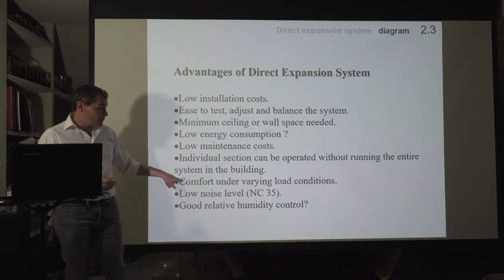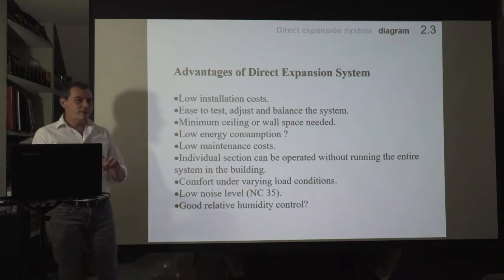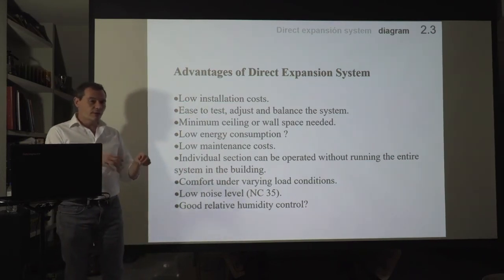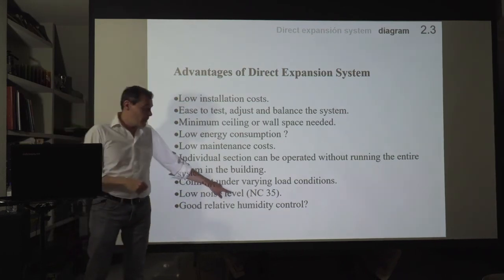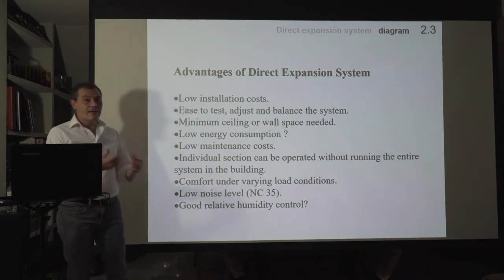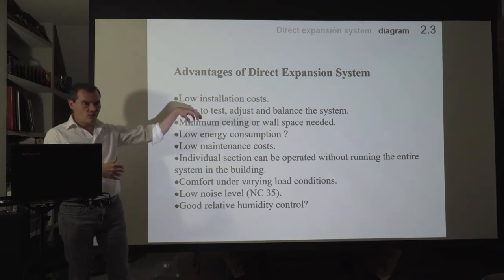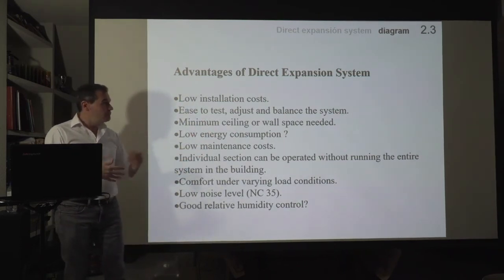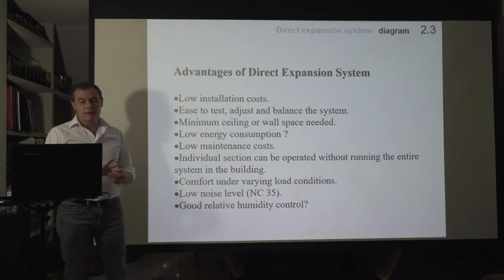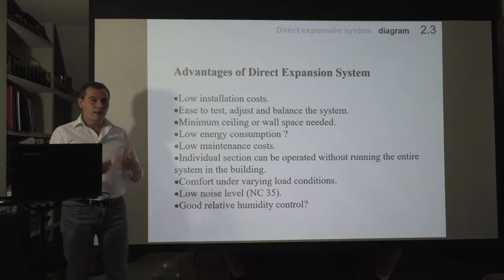And comfort, yeah, we have comfort because we can adjust different temperatures in different rooms, and that's important. And low noise level inside the building. The heat pump is something noisy, but it's not inside the building, so there's a noise source outdoors, okay, that's fine, but indoors we don't have noise. So we have all these advantages for direct expansion systems or systems that are using heat pumps.